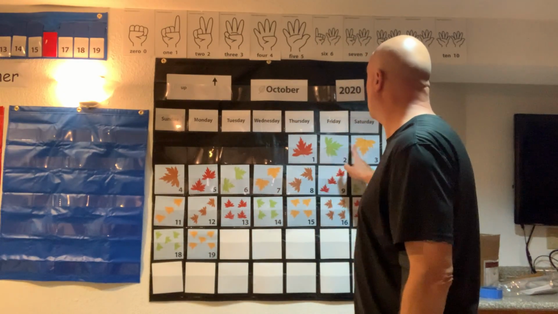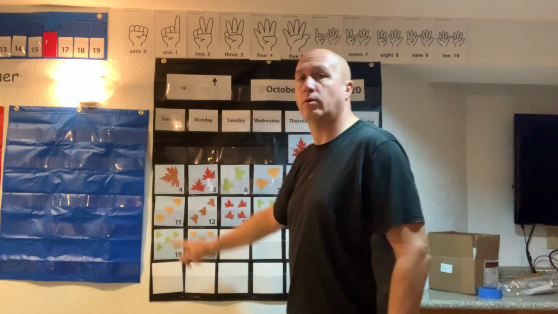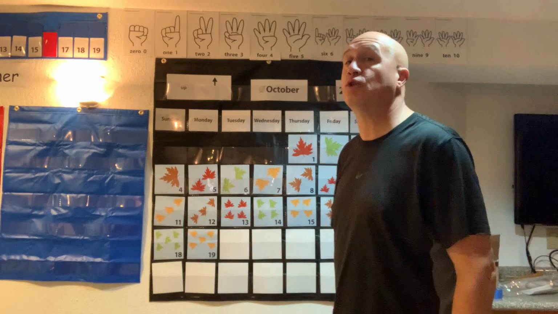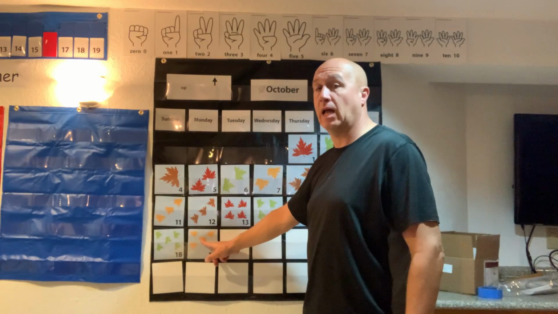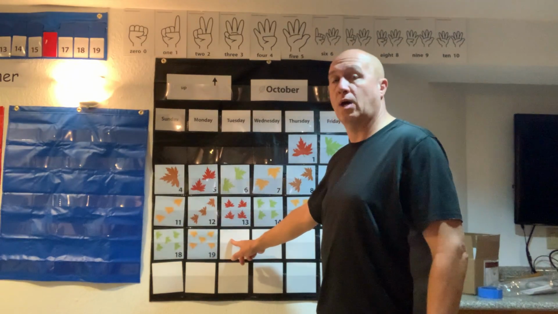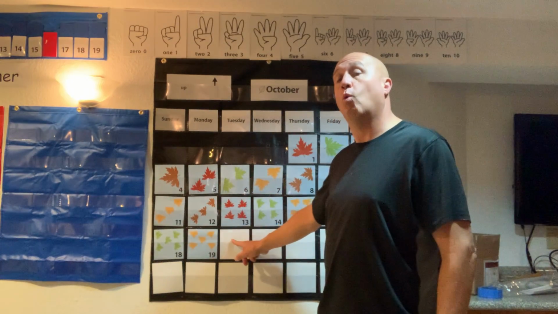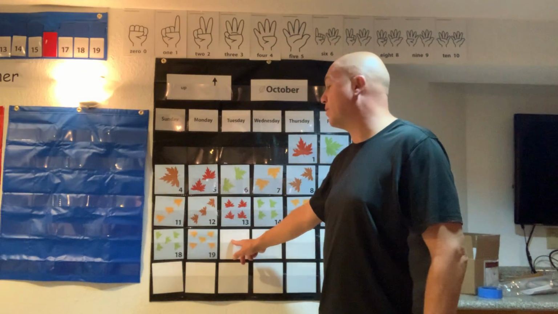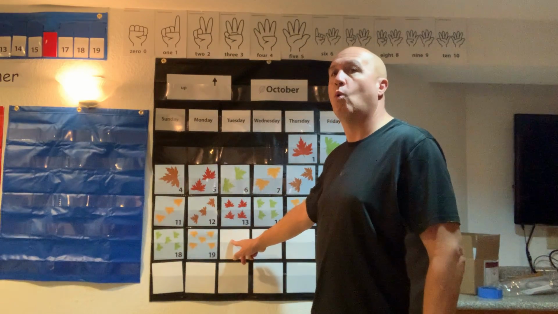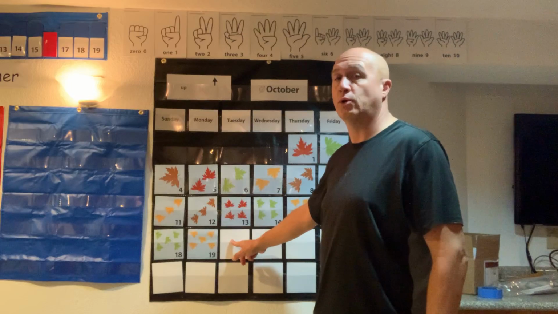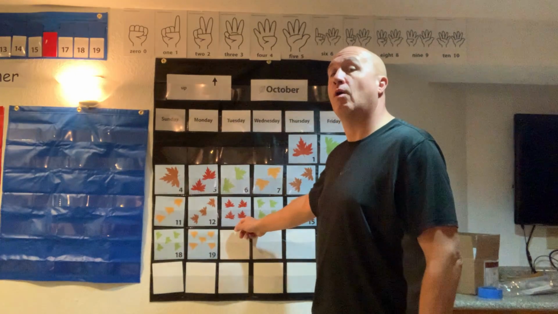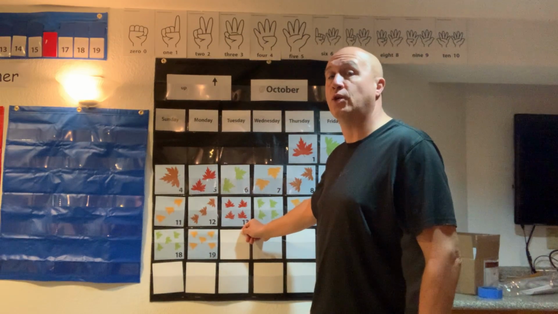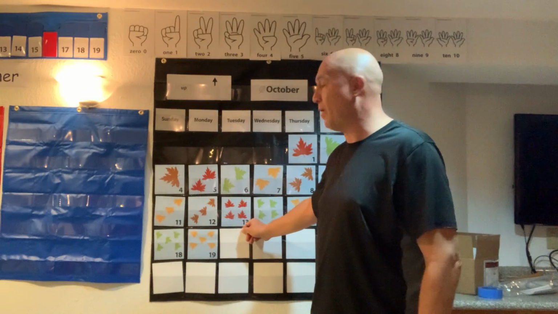Red, green, yellow, brown. Do you know what color it's going to be? What number and what color? And if we know what color, what direction will it be pointing? Are you ready? Do you think you know the number? The color? The direction?